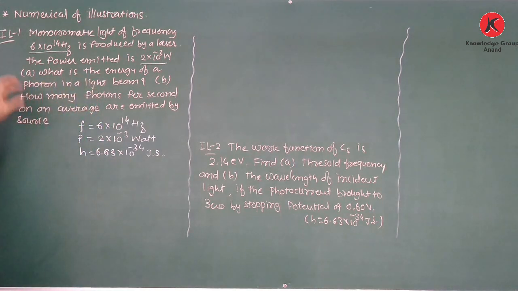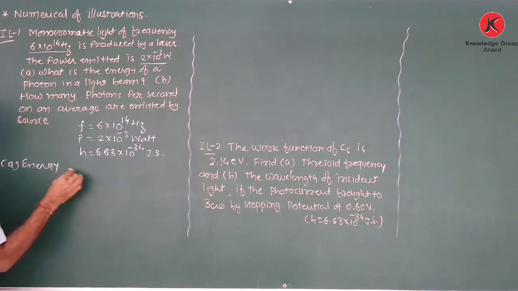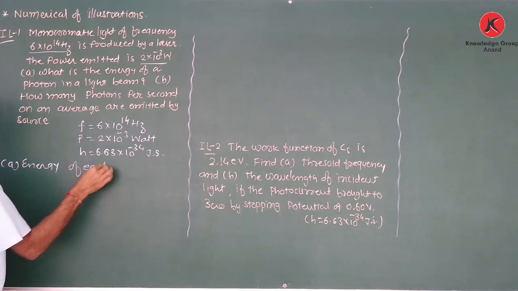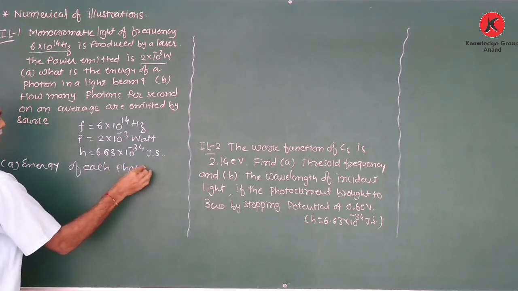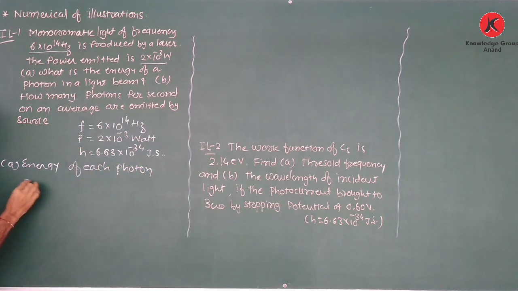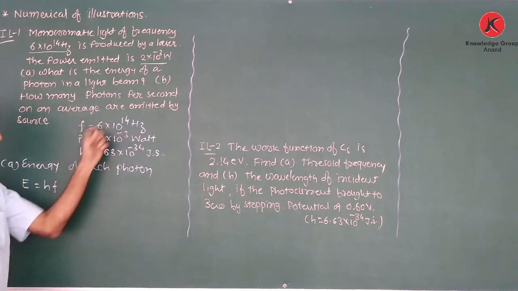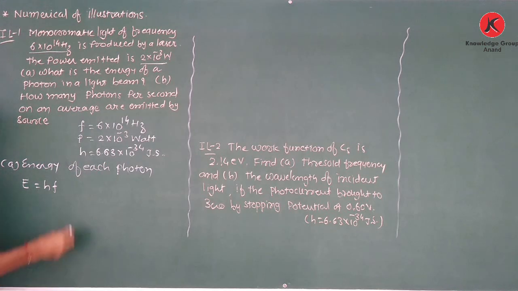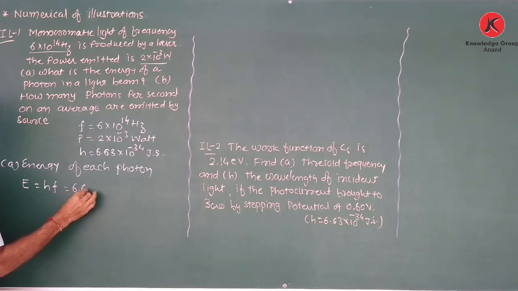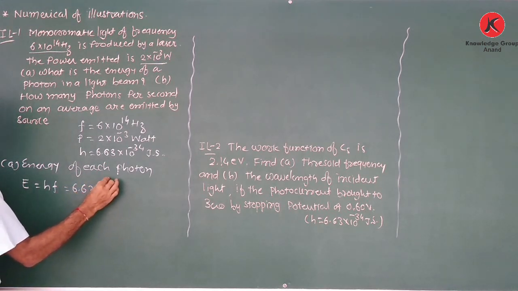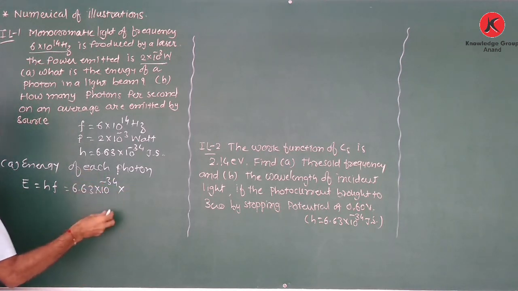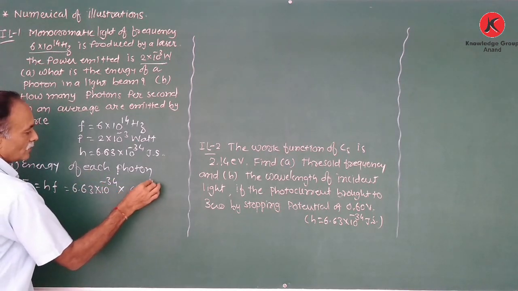First we need to find out the energy of the photon in the light. So the first part is the energy of each photon. From the characteristics of the photon, energy of photon E is equal to hf. Frequency is given, h is Planck's constant, so its value is 6.63 into 10 to the power minus 34 into frequency 6 into 10 to the power 14.